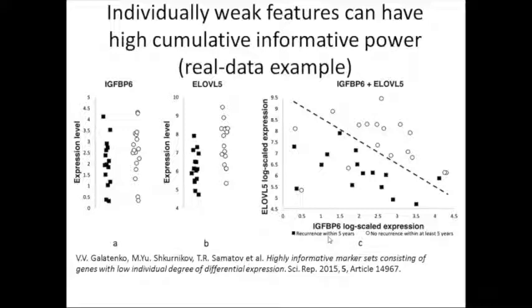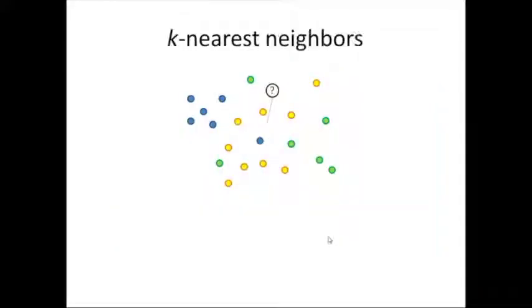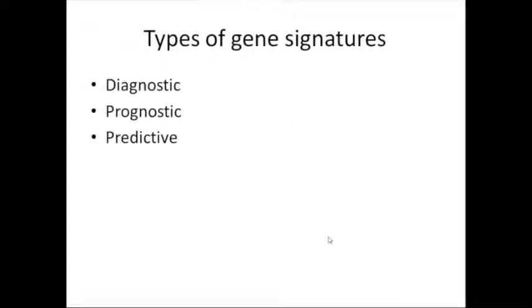So just to summarize what we're talking about today, gene signatures standardly comprise several genes and are used for diagnostics, prognosis, and prediction. So the main types of gene signatures are diagnostic, prognostic, and predictive.